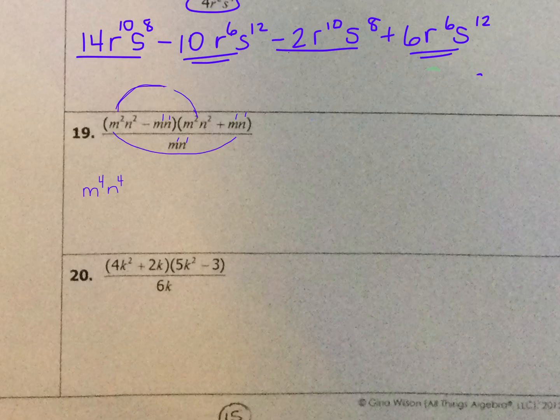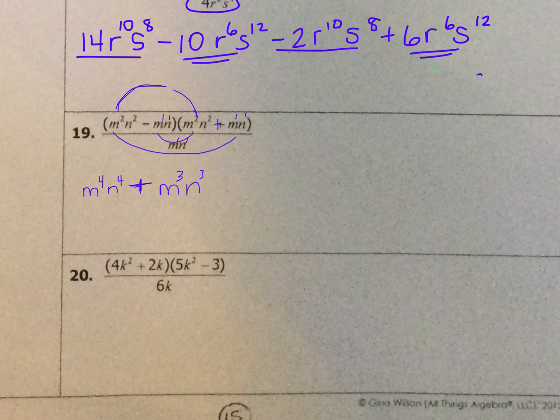All right, they're being added, so it's M and N again. It's a plus. M and N. 2 plus 1 is 3. 2 plus 1 is 3.